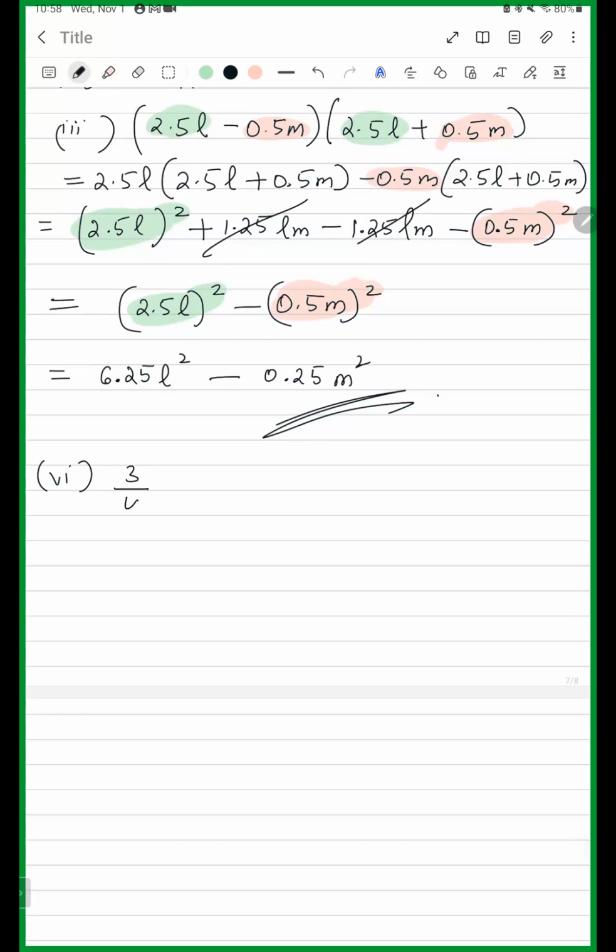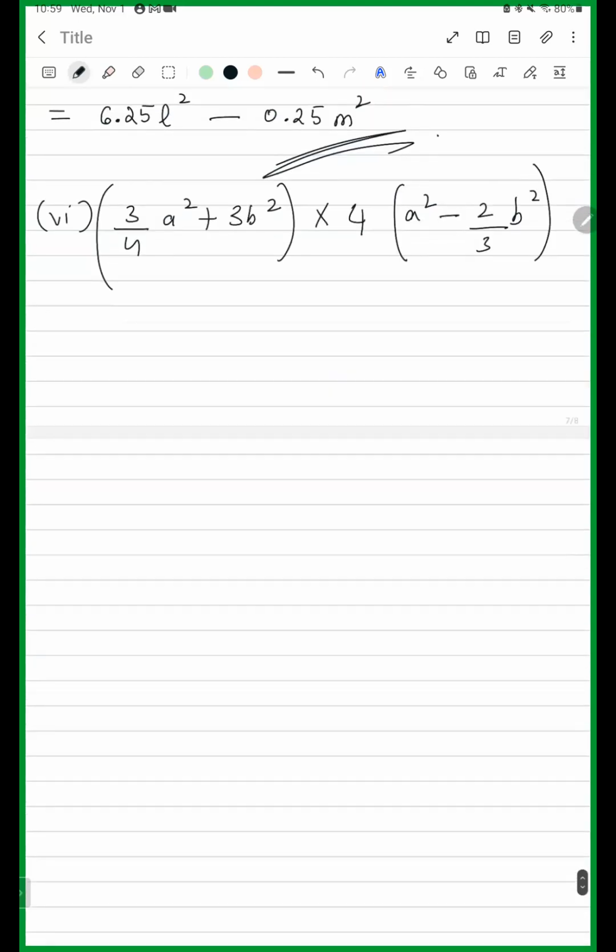3 by 4a square plus 3b square into 4 times a square minus 2 by 3 b square. So let's start multiplying it.